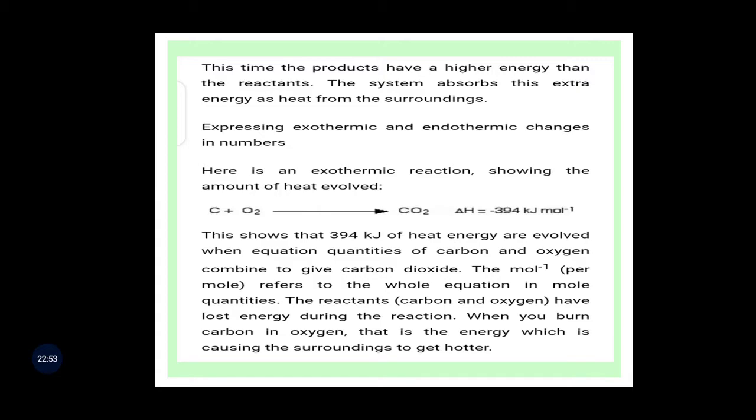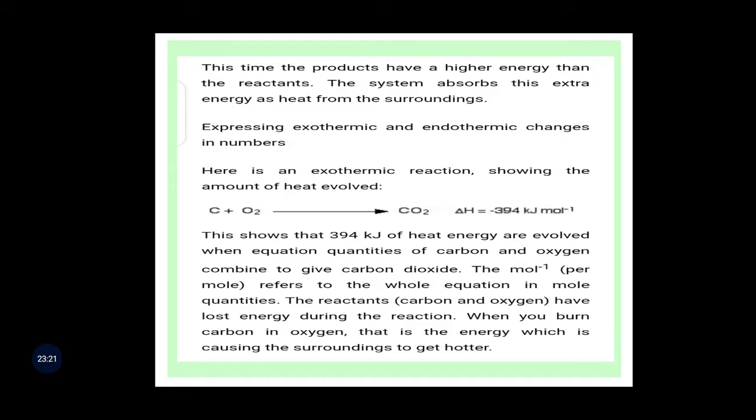So you can see in front of the reaction here we put delta H equals minus 394 kilojoule per mole. When you see a negative value in front of any chemical reaction or equation, you should know that that particular reaction is an exothermic reaction. So in this case, delta H is negative, which shows an exothermic reaction.